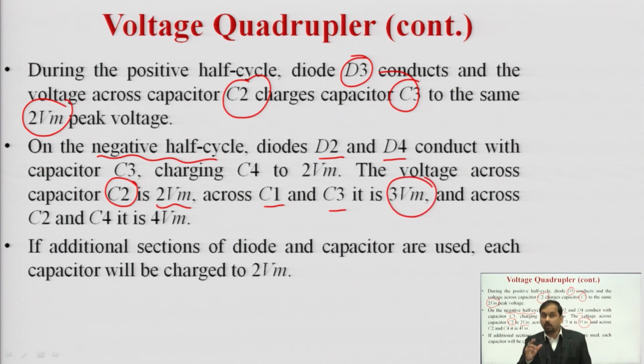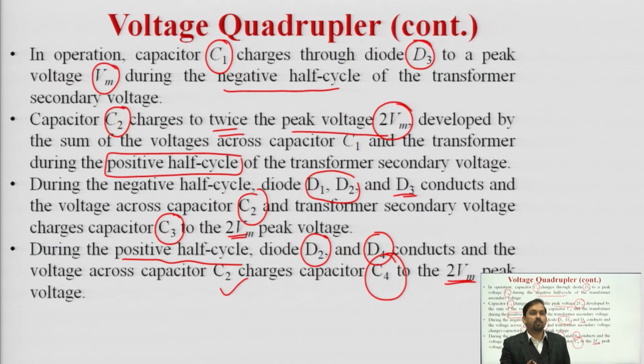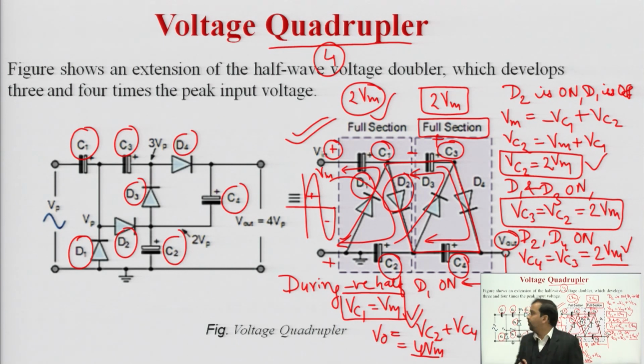If we want the combination of voltage across C1 and C3, C1 was charged to a voltage of Vm, we have clearly seen this, and this one was 2 times Vm, sorry, this capacitor C4 was 2 times Vm.